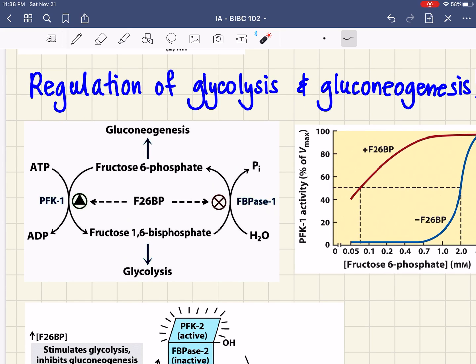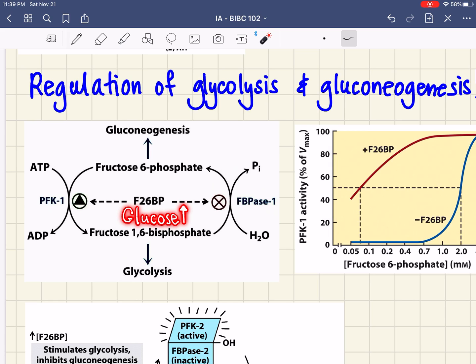Okay, so when there is fructose 2,6-bisphosphate, I just told you that if this is present, then we should keep in mind that there is glucose in the cell. Okay, so let's think about this critically. If there is a lot of glucose in the cell, what would the cell rather do?